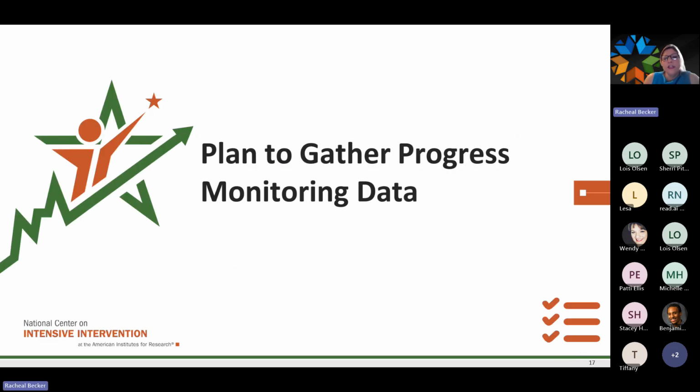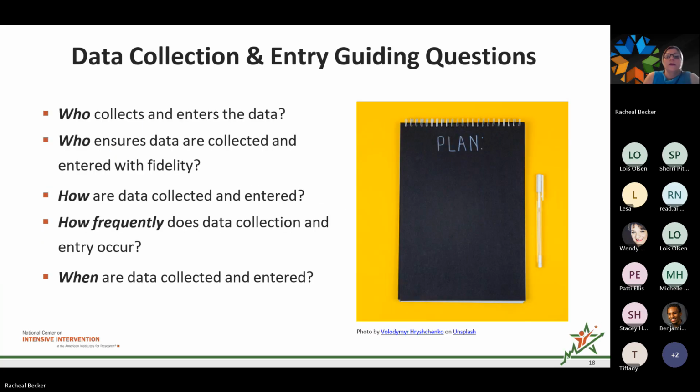So the next component is planning to gather progress monitoring data. So we know what tools to look for. Now we're going to talk about how to plan the logistics of the data collection, which can be challenging. There's a lot of moving parts. So these guiding questions should be answered before data collection begins.